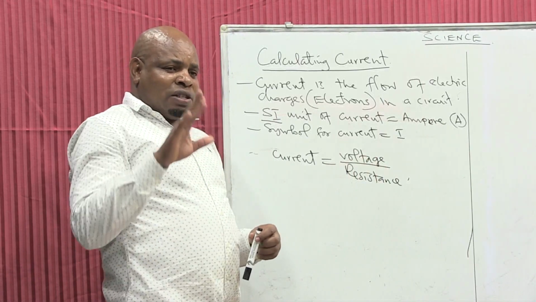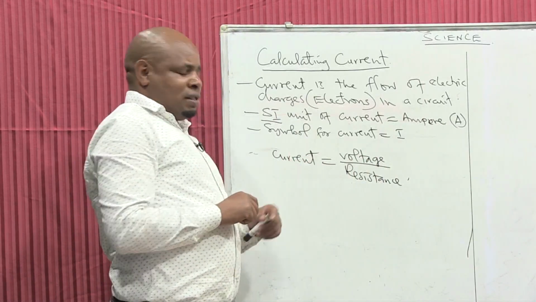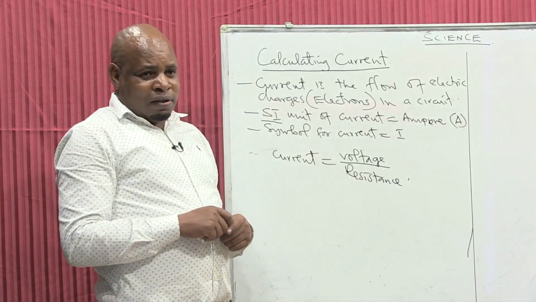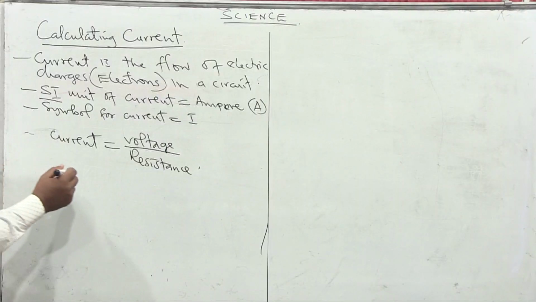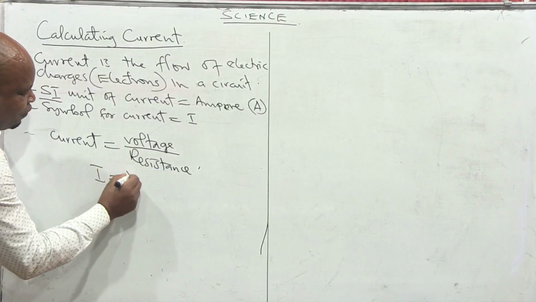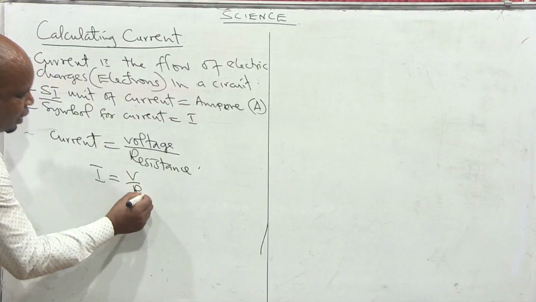Then the question asks you to find the current. This is the formula which you are supposed to use. In short, it is written as I is equal to V over R.